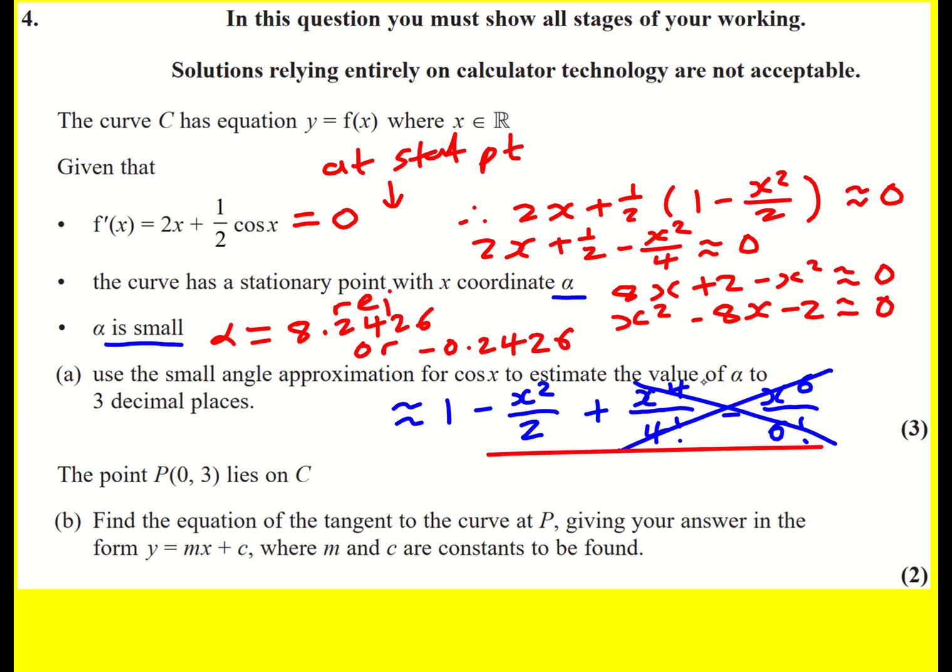These terms wouldn't be small, so we're going to reject it. That's definitely going to have to be less than 0. Actually it seems to be still quite big, but it is actually small enough to work for the small angle approximation. So that is our final answer. Well, let's just round it to 3 decimal places. Alpha equals minus 0.243.